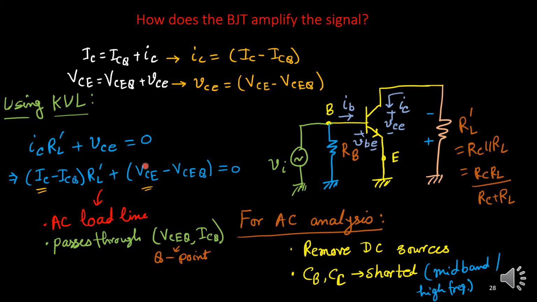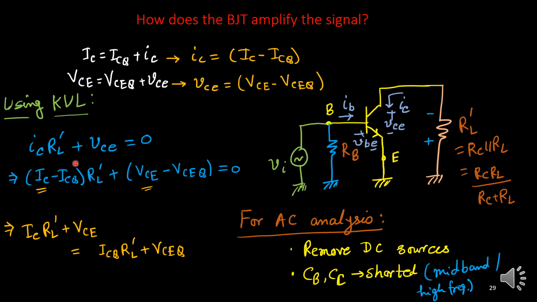At that point in this equation, this part becomes 0 and this part also becomes 0, so it remains 0, which means it is satisfied. So this point lies on the straight line, which means the AC load line also passes through the same Q point. This is the most important concept. Both the DC load line and the AC load line pass through the Q point.